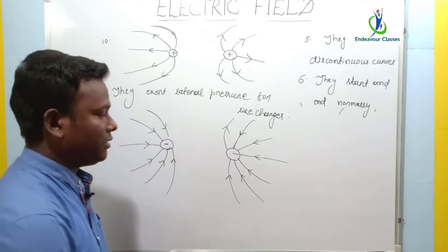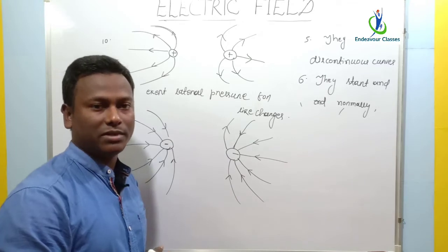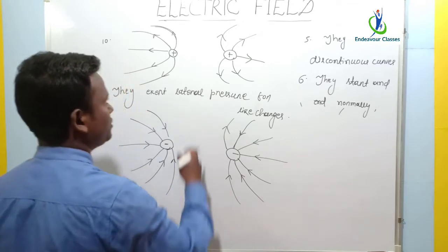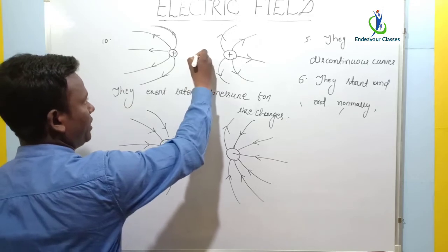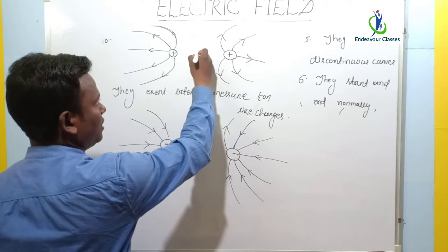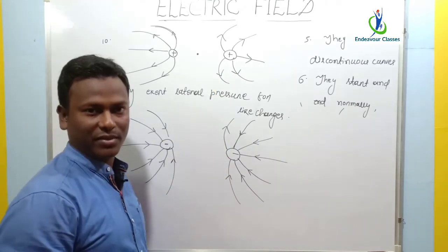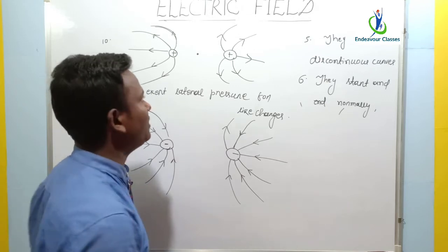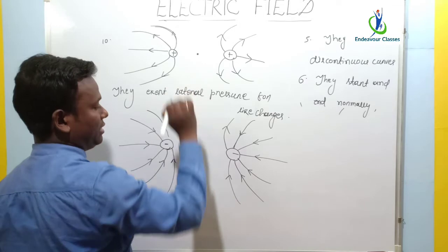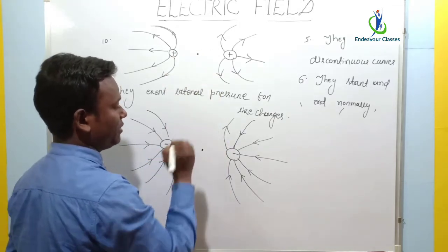Now another thing is that, as we have already discussed in our equilibrium of charges, the same concept will also be applied here. You will see that at some point in between, on the line joining these two charges, the net electric field intensity will be 0, because electric field intensity is a vector quantity. So for like charges, it will lie at a certain point in between these two charges.